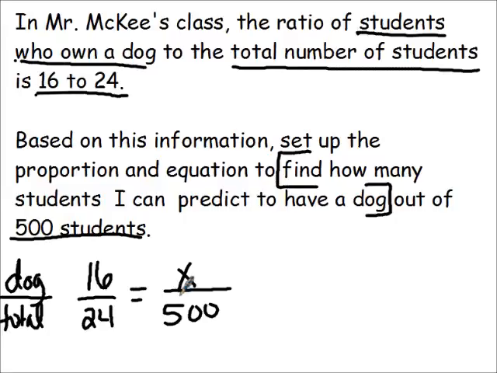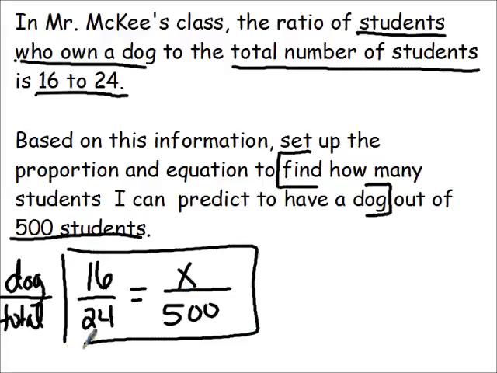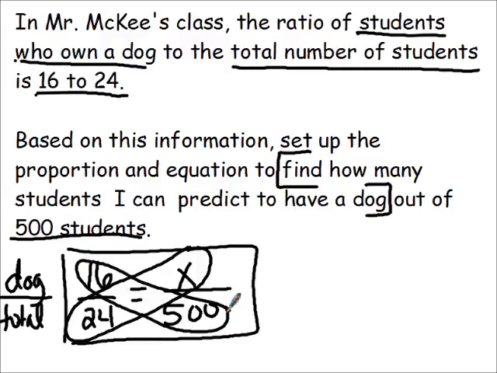Now, as we learned in the previous slide, two equal ratios make a proportion. So we have our proportion here. And in a proportion, the cross products are equal, which means 24 times x would be equal to 16 times 500.